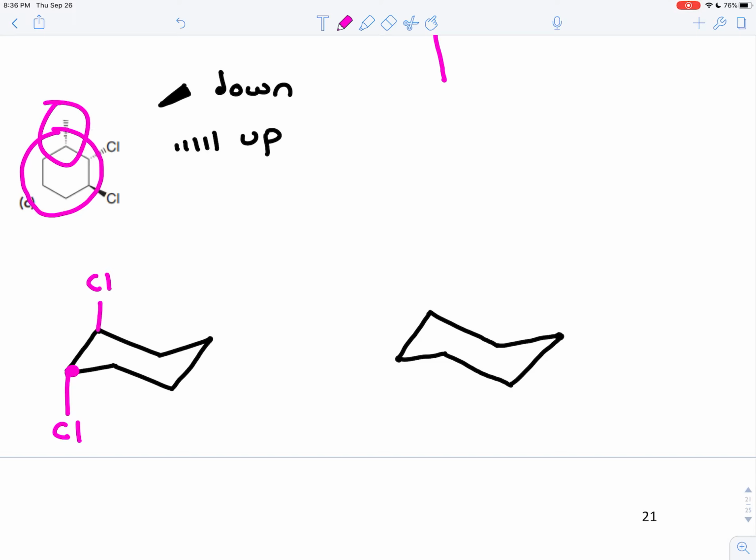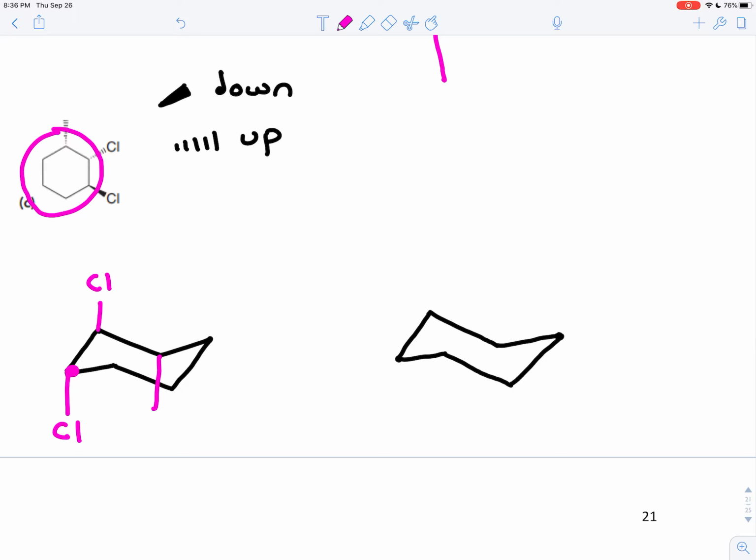All right, finally, we have this methyl group also pointing up. Now, we said the axials alternate. So if we go to the next carbon over, the methyl group is pointing up. But if this is axial down, axial up, then the next one has axial down.